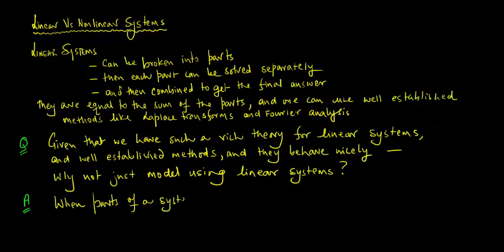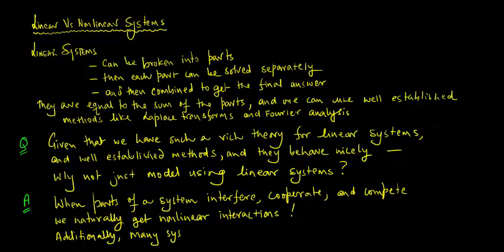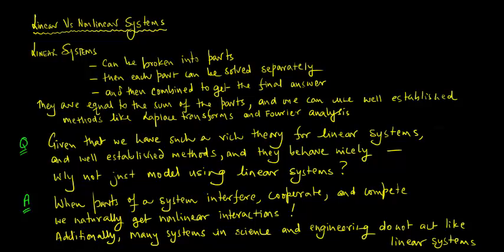When parts of a system interfere, cooperate, and compete, we very naturally get nonlinear interactions. Additionally, most systems in science and engineering do not really act like linear systems.